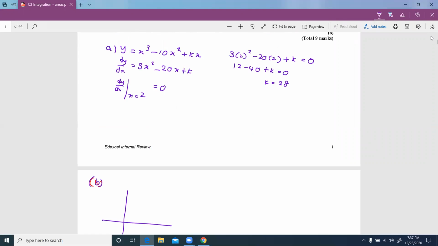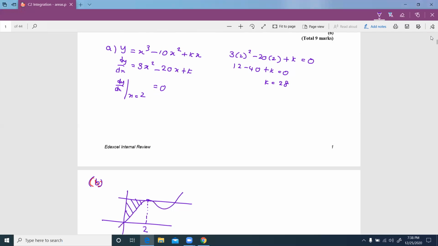It travels through the origin. It just goes like this. Then we know that it's a straight line, and we already knew that the x coordinate is 2. They are referring to the area over here. This is the area they are referring to.